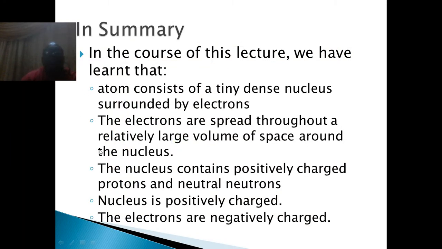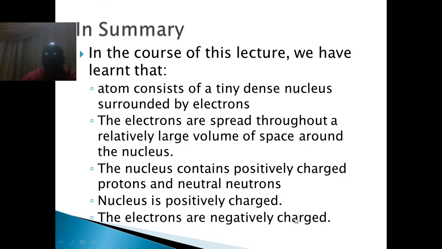In summary, we have learned in this lecture that an atom consists of a tiny dense nucleus surrounded by electrons. The electrons are spread throughout a relatively large volume of space around the nucleus. The nucleus contains positively charged protons and neutral neutrons. The nucleus is positively charged.